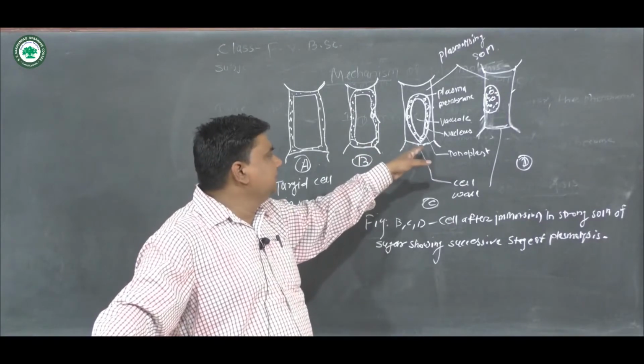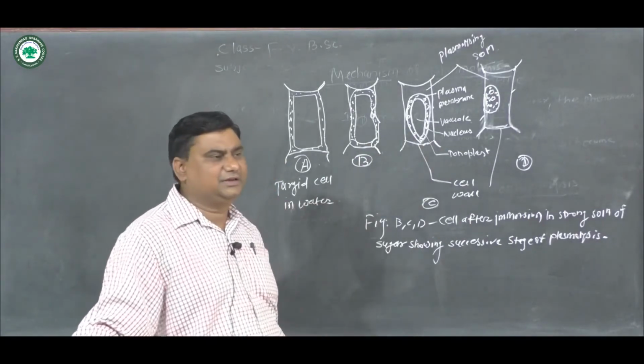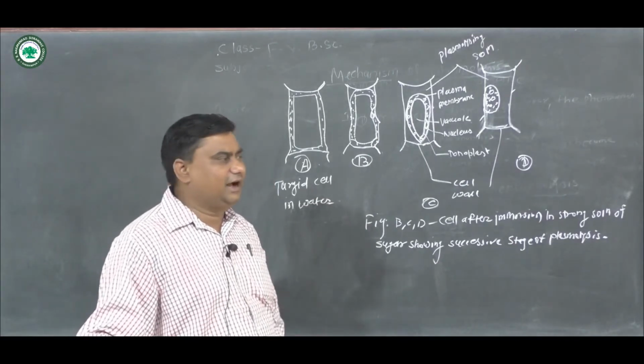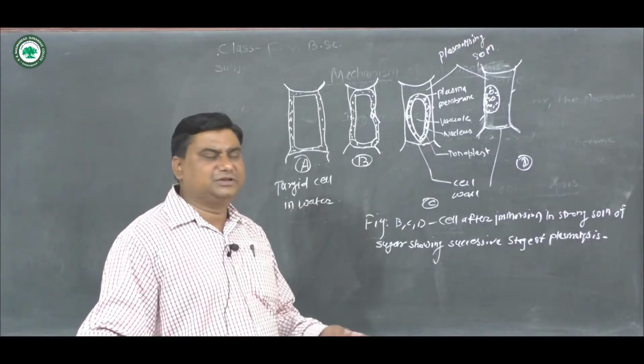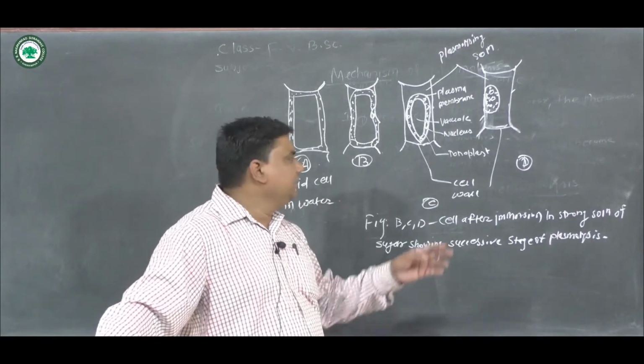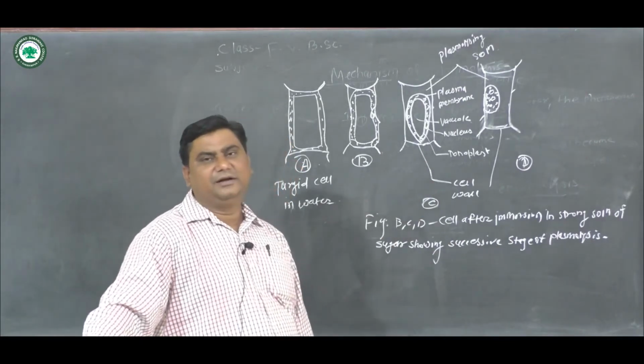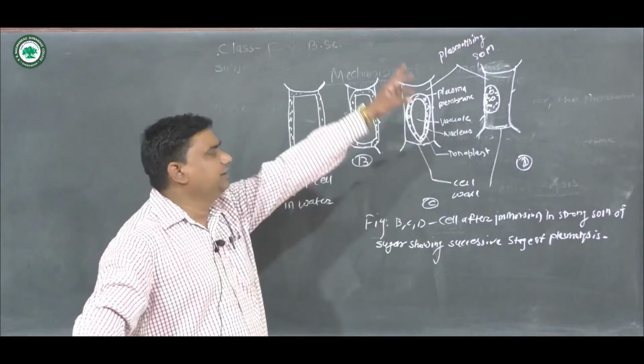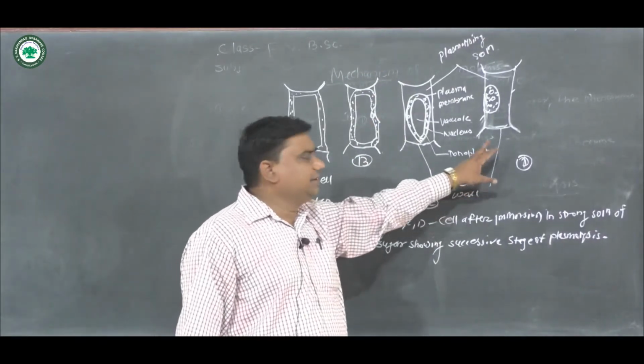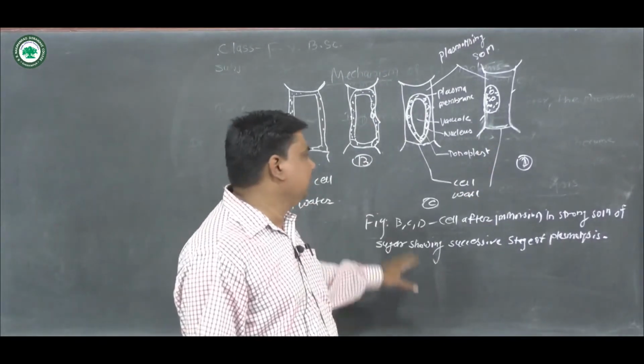Then here is the second stage that I already told you. There is the incipient plasmolysis, then evident plasmolysis, and then cell D indicates the final plasmolysis.